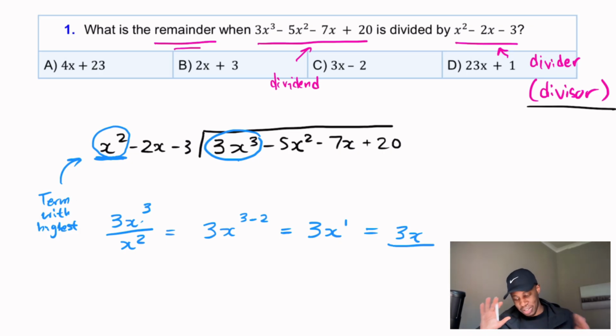You kind of have to think about it like that. Basically, you're just asking yourself, what is this divided by that? That's the amount of times that this goes into that. So in that case, we're left with 3x.